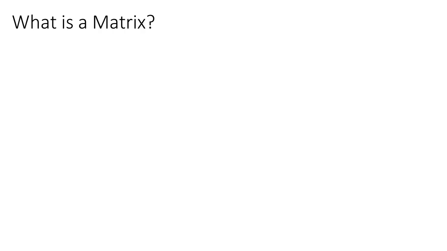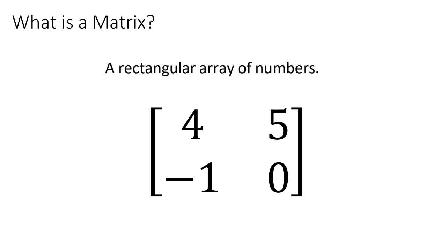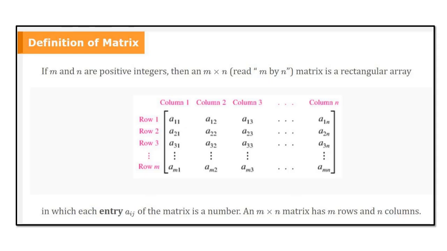Basically a matrix is a rectangular array of numbers. We use brackets, and inside of the matrix you're going to see numbers that make up rows and columns. The rows go horizontally and the columns go up and down. These numbers inside of the matrix, we call them elements.